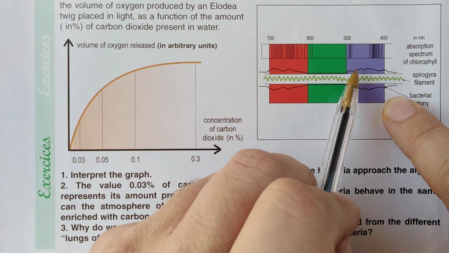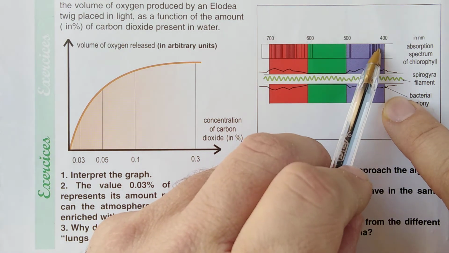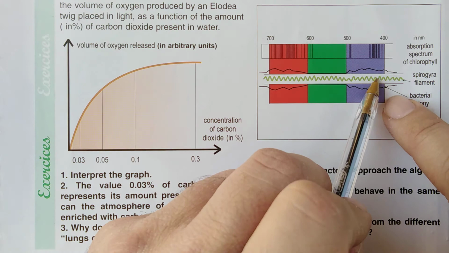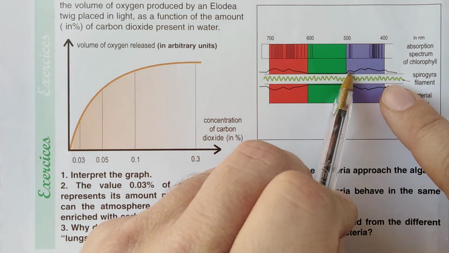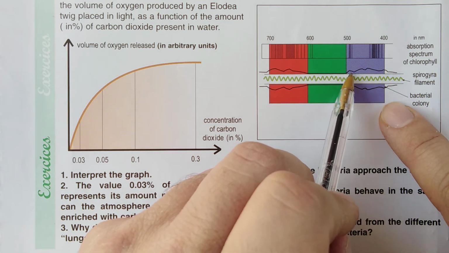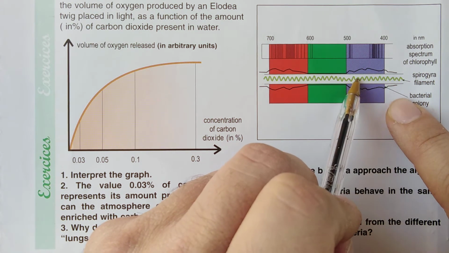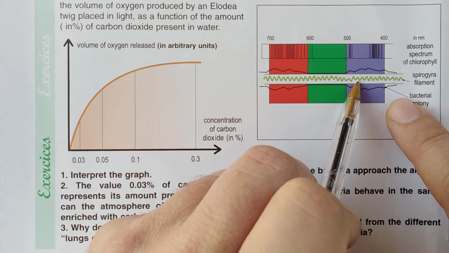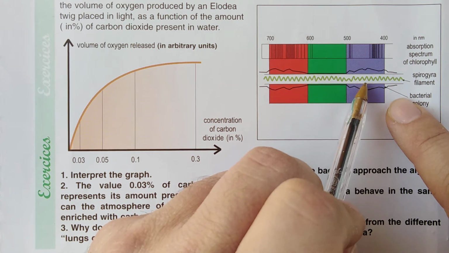Also in the violet light, because the spirogyra was absorbing more light than in green, the amount of bacterial colonies was high because the oxygen was being produced in sufficient amount by the spirogyra, which is consequently making photosynthesis.